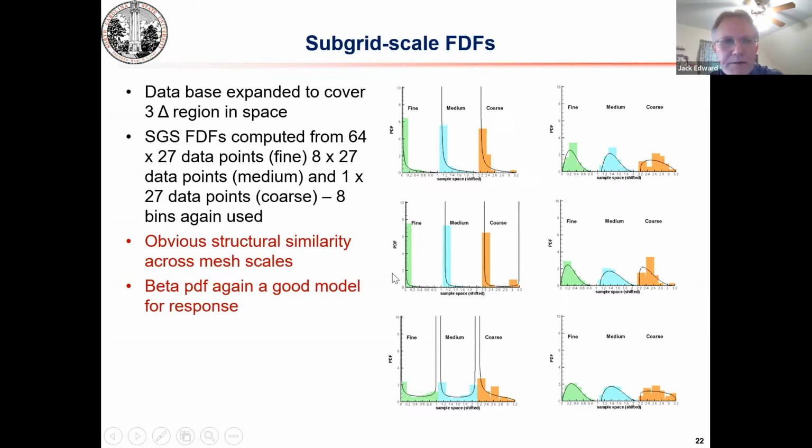Not only that, it is describable by a classic beta PDF type form, which is maybe somewhat surprising, but maybe not, because this, again, is a classical non-premixed flame. So some measure, for example mixture fraction, would certainly be describable very well by a beta PDF. This shows you that it extends to a reactive measure as well.